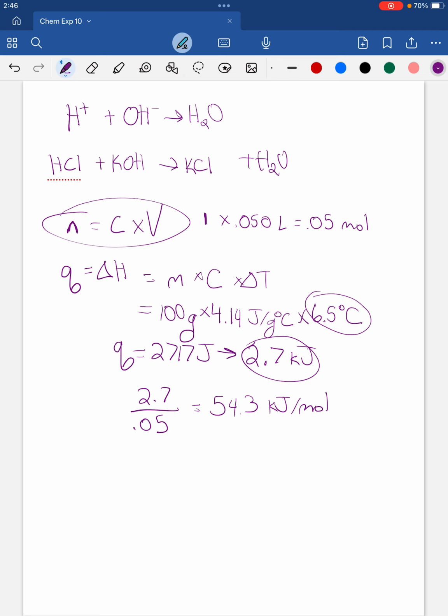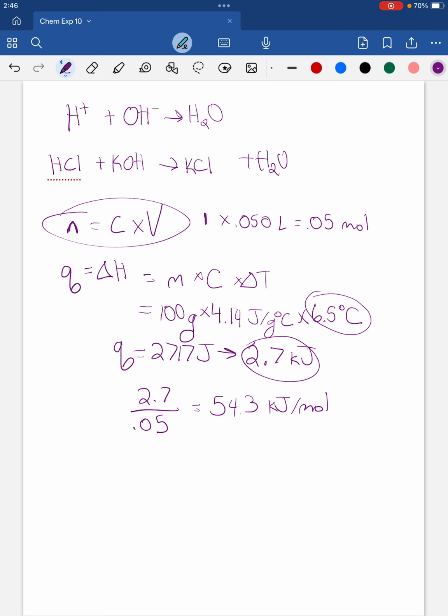I'm going to post a video that I found that I think you'll find helpful for this. Basically, you're going to be adding together the delta H's that you found, and make sure you understand when it should be negative and when it should be positive.